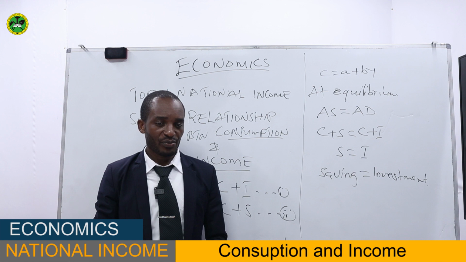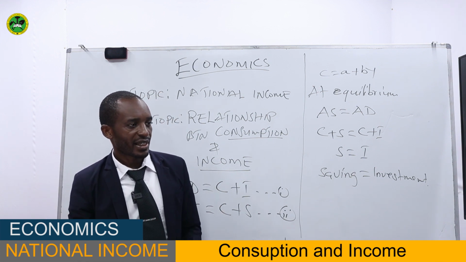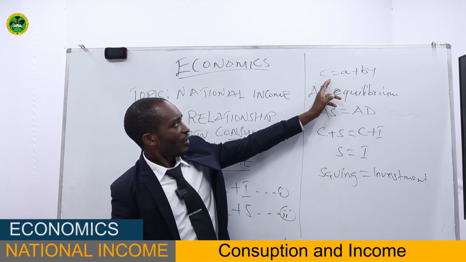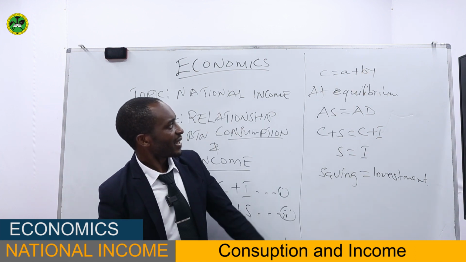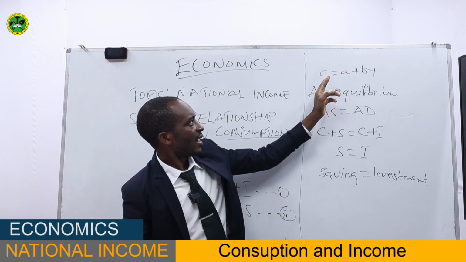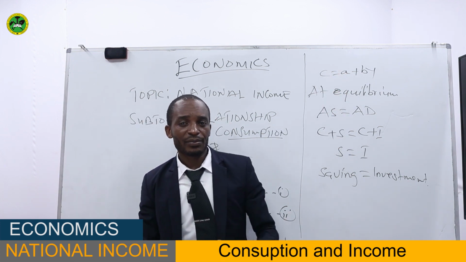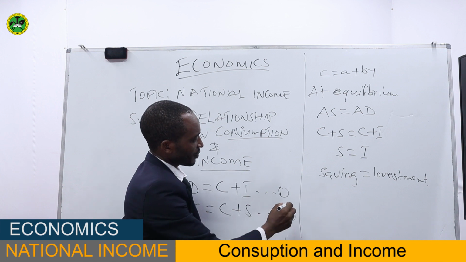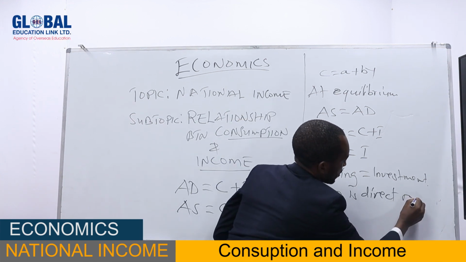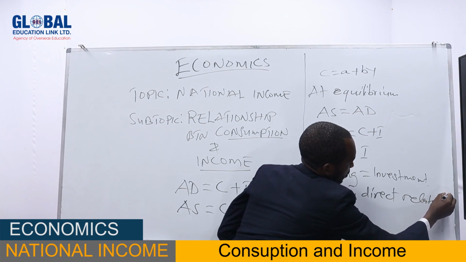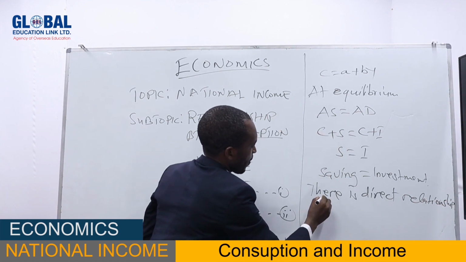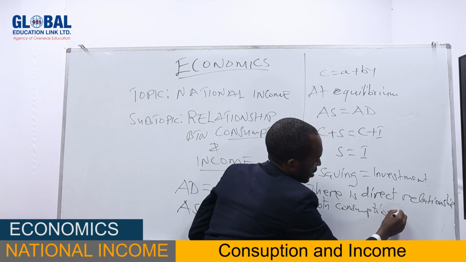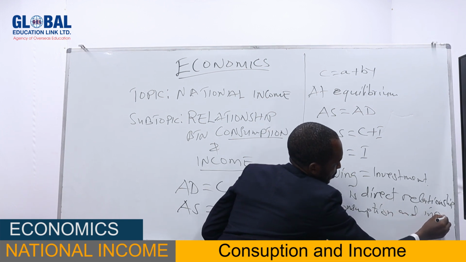Now let us see the relationship between consumption and income. According to Keynesian, this equation shows that the level of consumption depends on income. It means as income increases, consumption also will increase. There is a direct proportion between consumption and income. So we can conclude that there is a direct relationship between consumption and income.